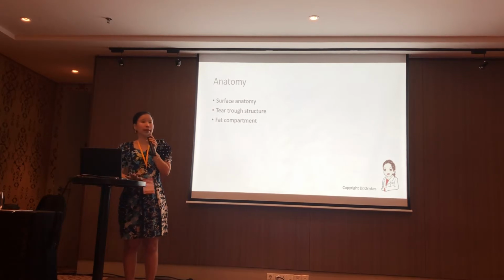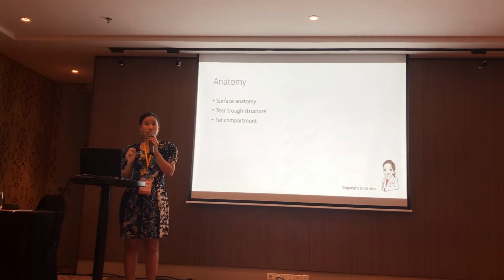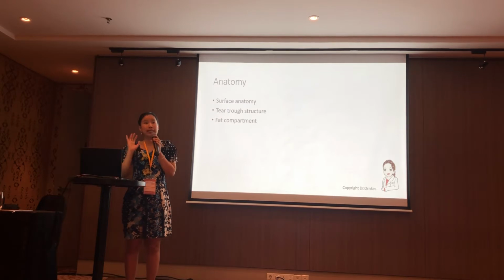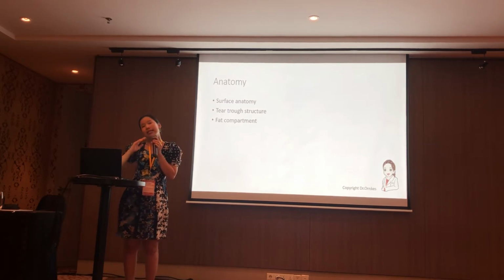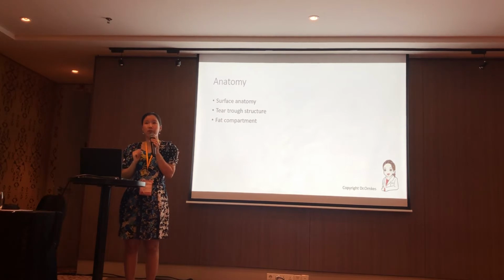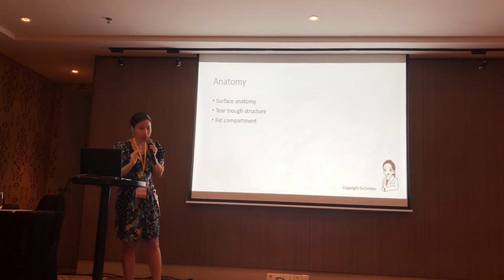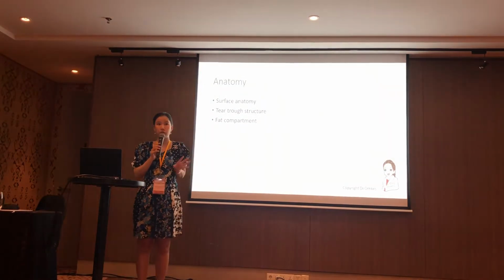Regarding the anatomy, you have to know your surface anatomy. Have you ever heard this word before? The surface anatomy is the anatomy that is related to what you see on the surface of the patient. And you have to know the anatomy of the area that you want to treat, which right now is the periorbital area.